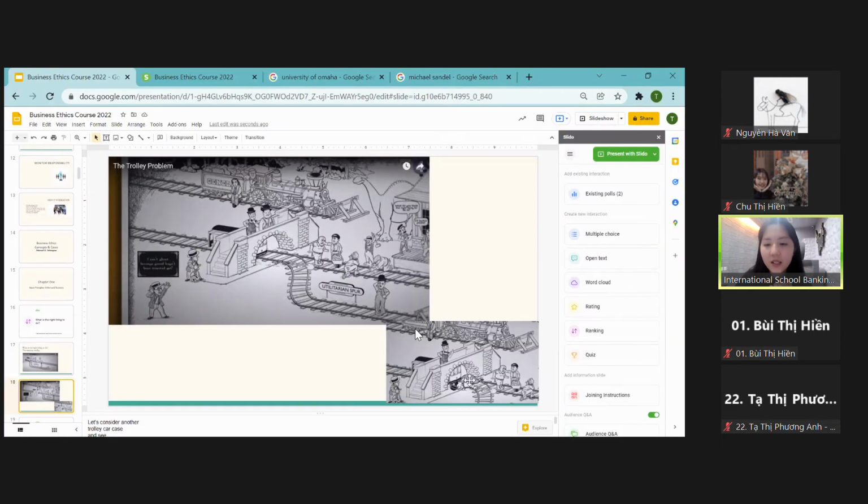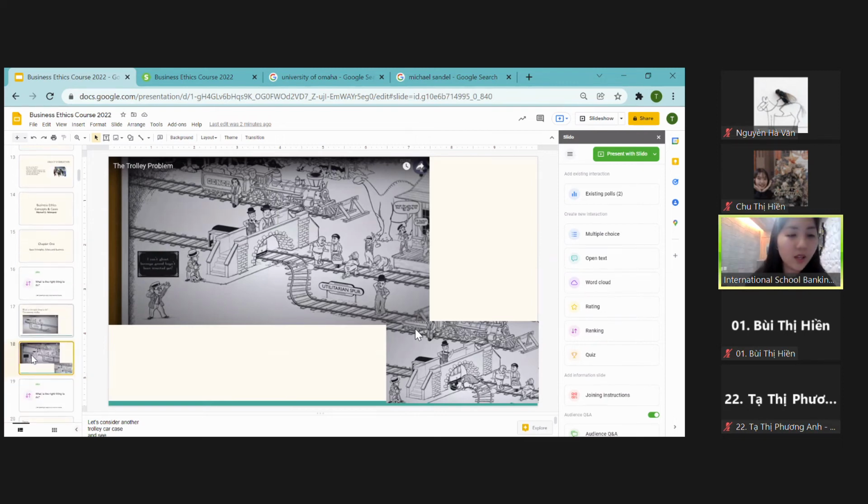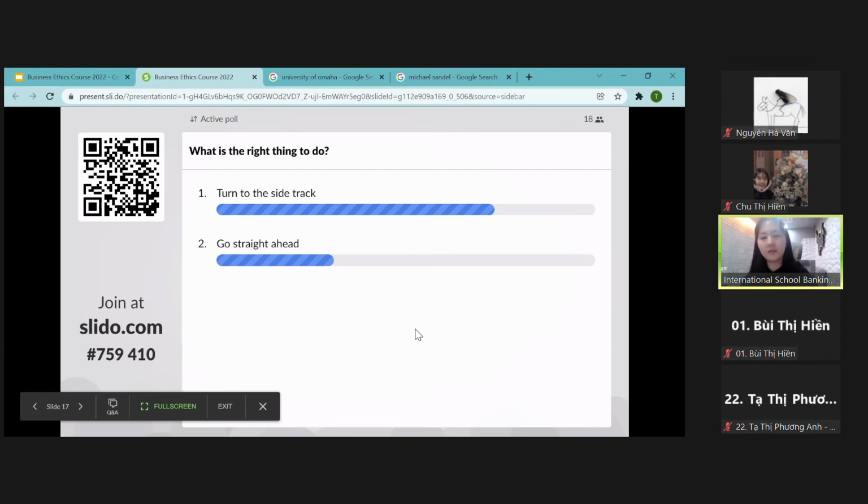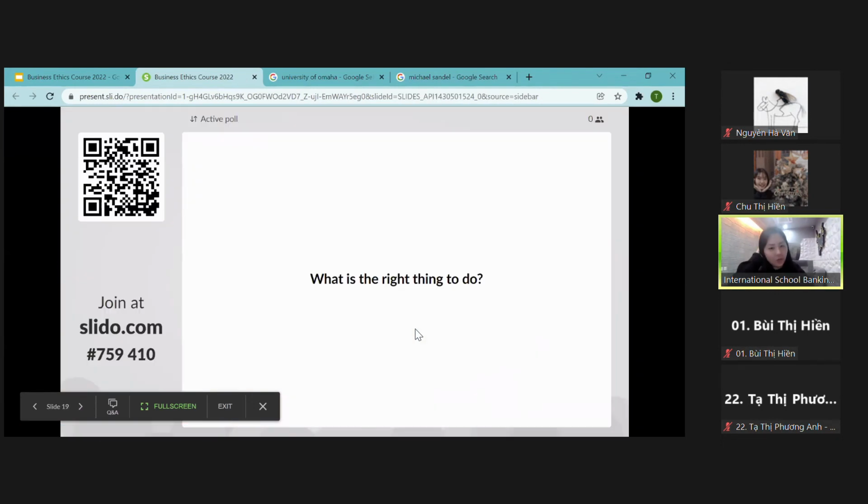Yeah, he will die, but he will stop the trolley and save the 5. So you understand the situation. And the question here is, would you do that? Would you push the fat man to save 5 and kill 1? Okay, let me have you vote again. What is the right thing to do in this case?